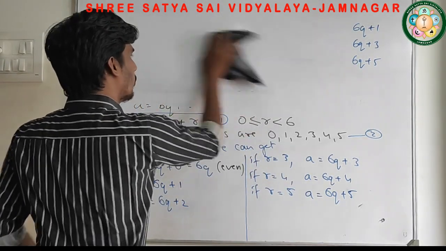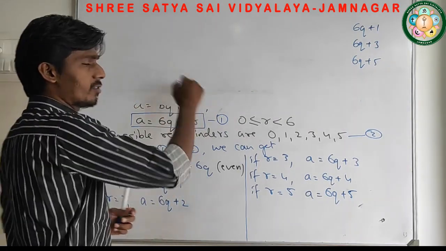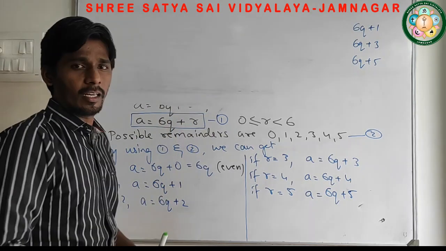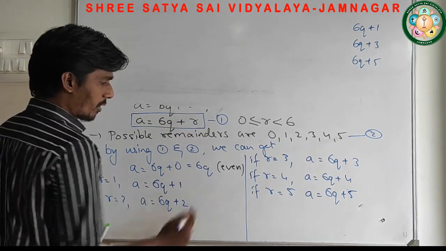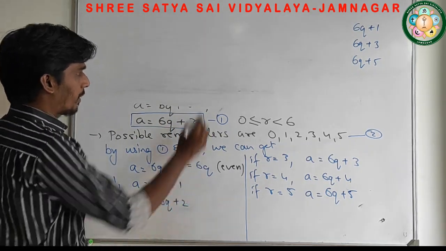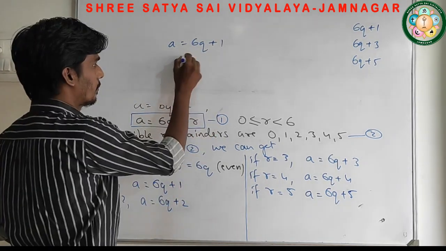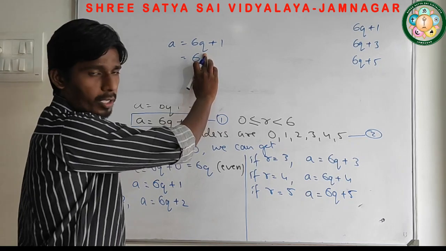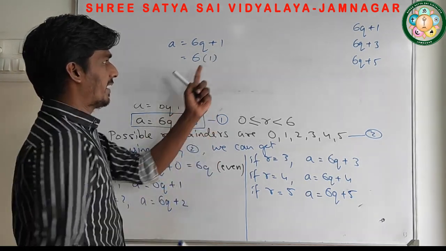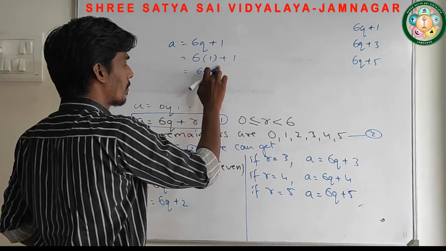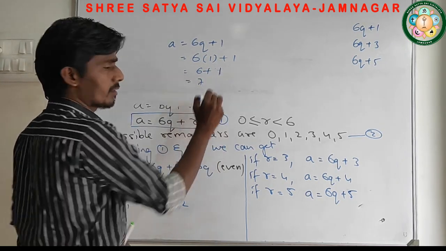Now let's use the second equation. This is not the part which I am writing here. It's not part of a solution. This is only part of explanation. Up to this you have to write, then 6Q plus 1. Second is 6Q plus 1. So instead of Q we will take integer 1, plus 1. How much? 6 plus 1 is 7.